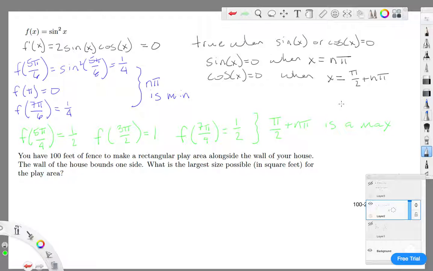So we're looking for those 0 points in the first derivative, and then we're going to take points to the left and to the right of those critical points. We're going to plug them in and see if our values for the critical point are less than or greater than points to the left and right. If the critical point value is less than points to the left and right, then it's a minima. If the critical point value is greater than points to the left and to the right, then it's a maxima.